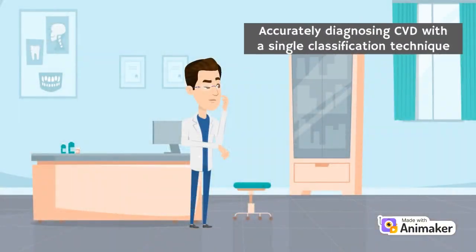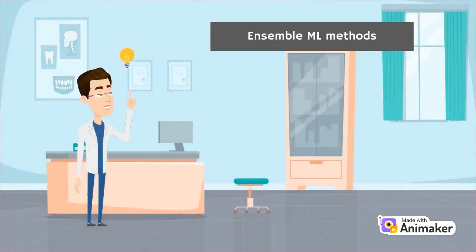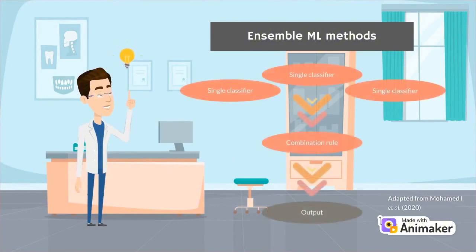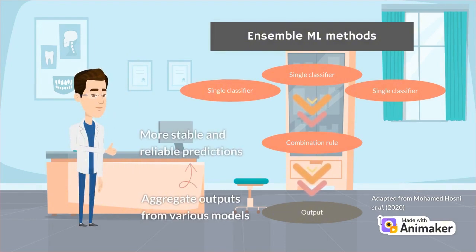However, accurately diagnosing CVD with a single classification technique can be challenging. Ensemble ML methods address this challenge by combining multiple classifiers, thereby improving diagnostic accuracy. These methods aggregate outputs from various models, producing more stable and reliable predictions than any single technique.